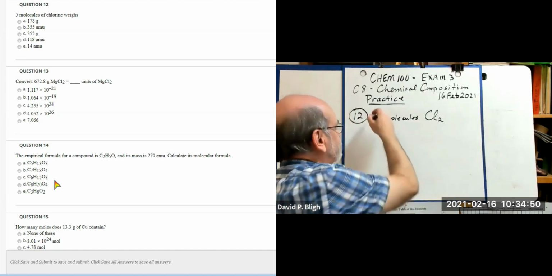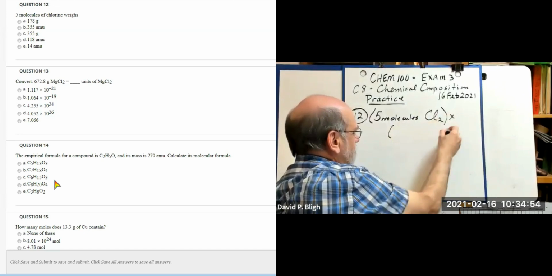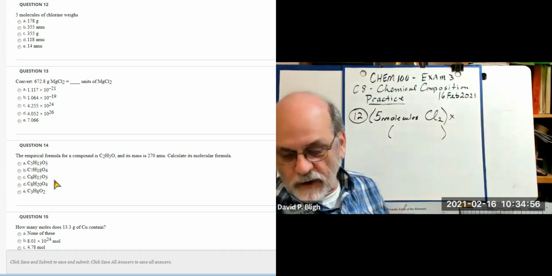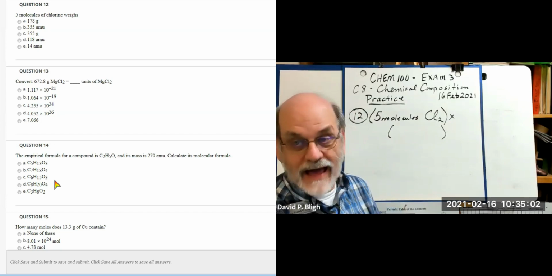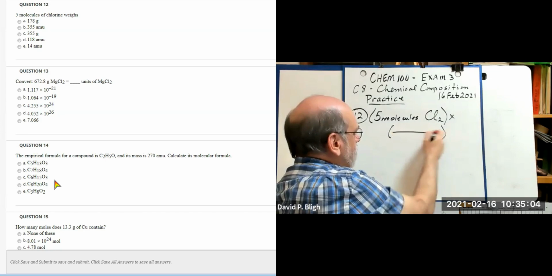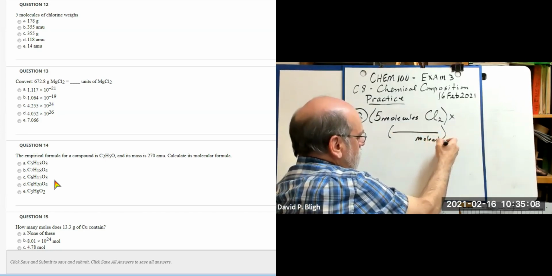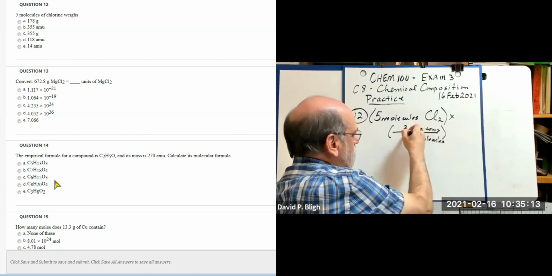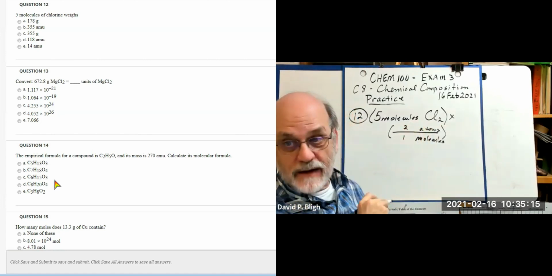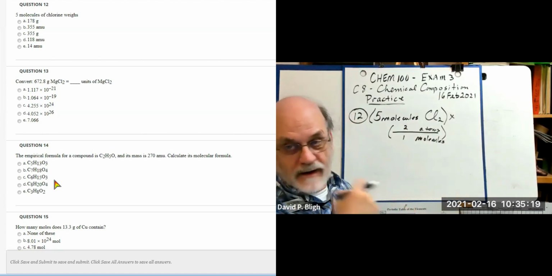Now, we want to convert that to atoms. So how many atoms is that? Right, 2 atoms per molecule. So we got 10 atoms.